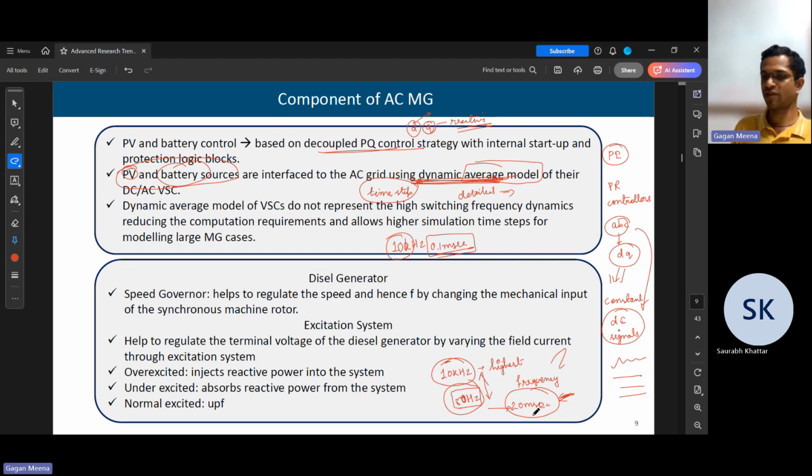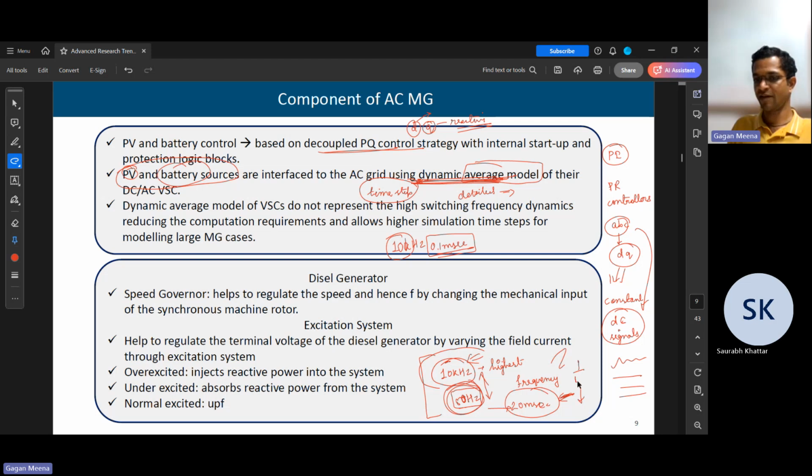If the time step is more than that, we will not even be able to capture this 50 hertz. The time step which we set for solving the model depends upon which frequency we want to see. Let's say we want to see both, then the time step will be governed by the highest frequency. Because we want to capture the highest frequency, the time step has to reduce.